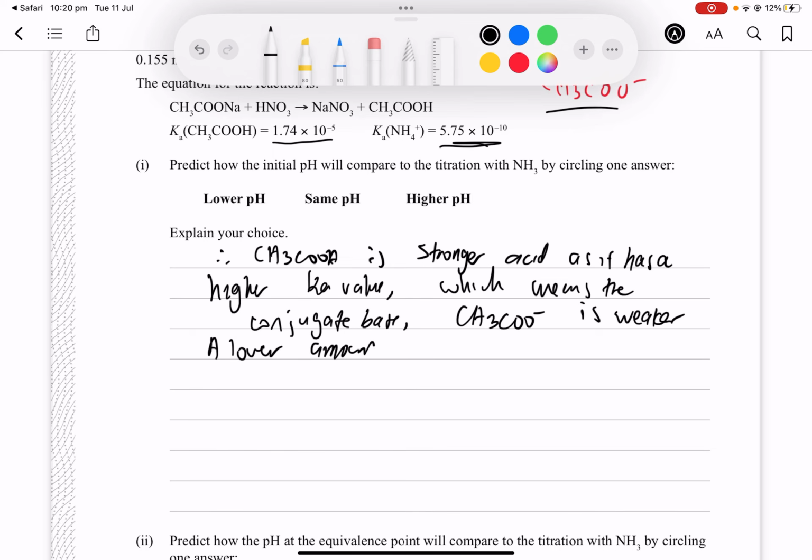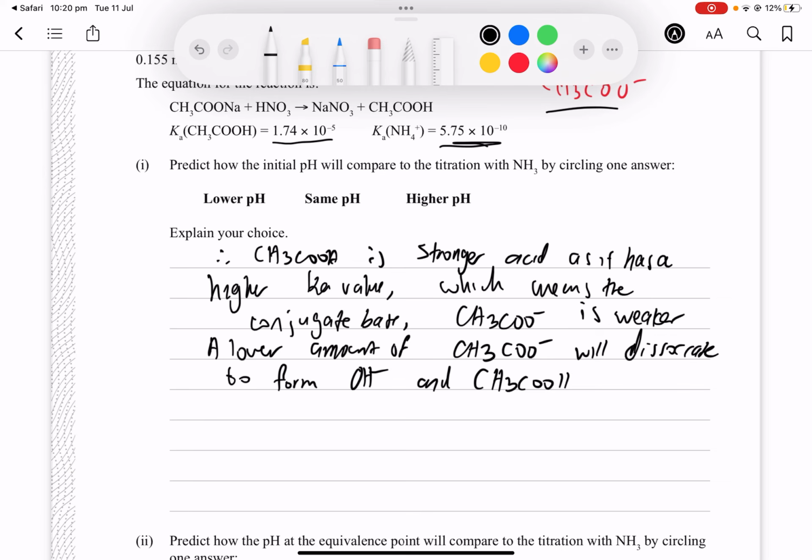Hence, a lower OH minus concentration indicates that the pH is lower.